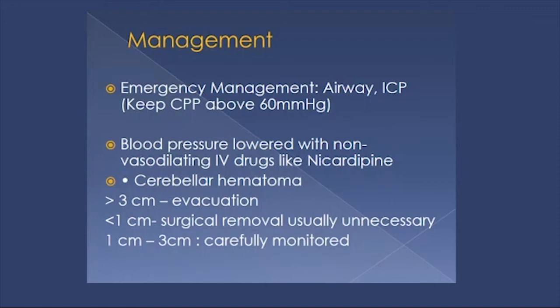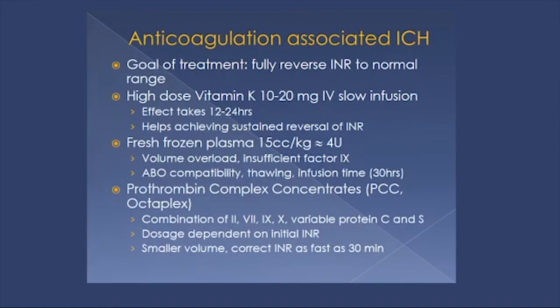Different quantities of bleed are a risk for death. In the brainstem, like in the pons, more than 5 mils is associated with mortality, and in the cerebrum, more than 30 mils is associated with mortality.